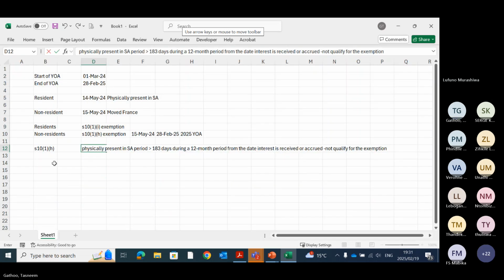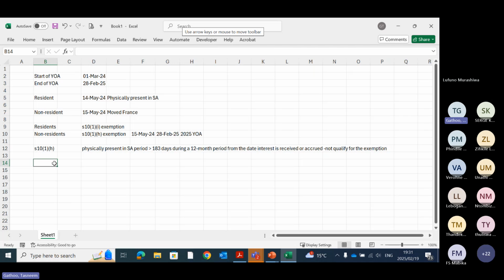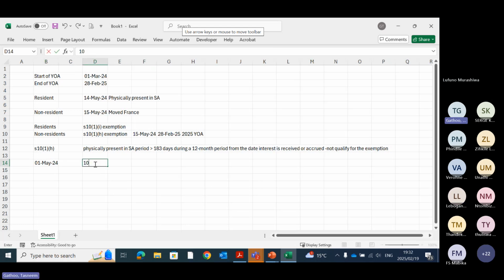Now, we know that she left on the 15th of May. Remember, the interest is received or accrued to her on the 1st of every month. So she would have received interest on the 1st of May 2024 of 10,000.